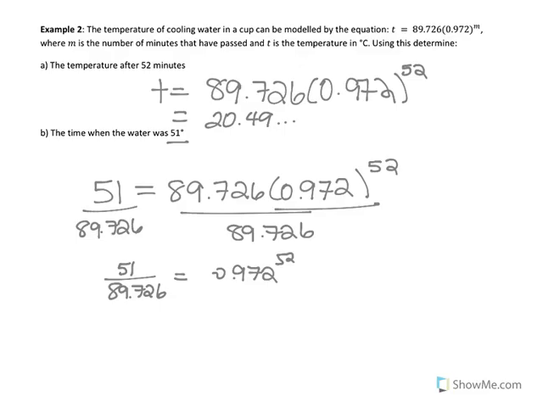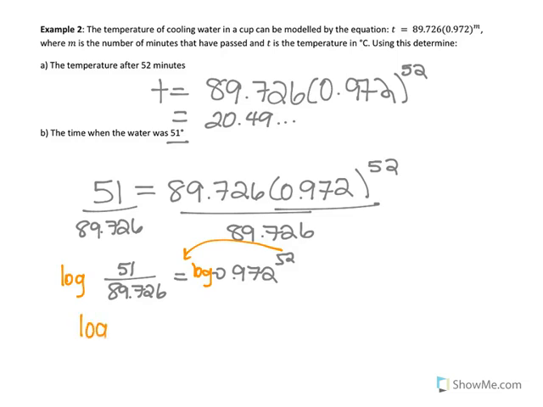And what I'm going to do from here is take the log of both sides. So we're going to get into logarithms in the second half of this unit. But by taking the log of both sides, I'm able to apply a rule that allows this exponent to be moved in front of the logarithm.